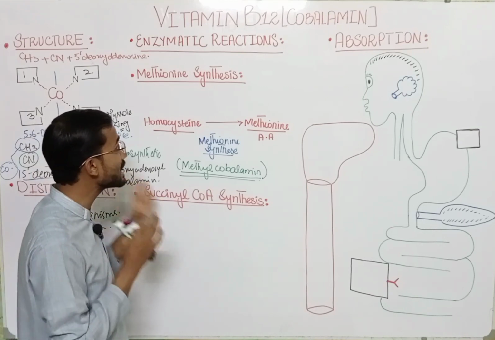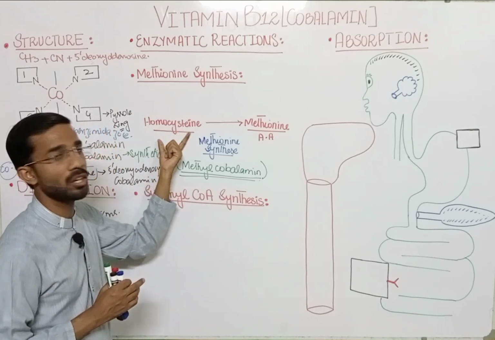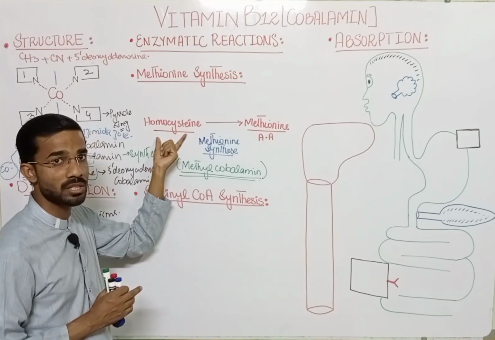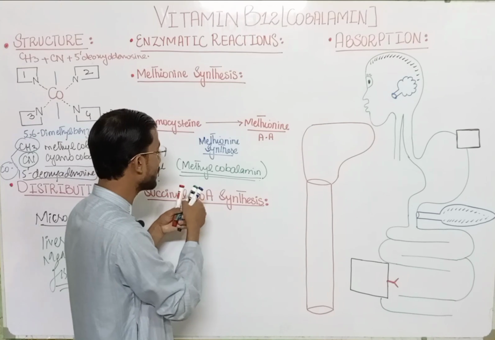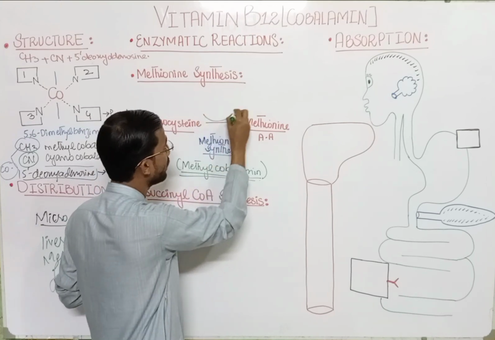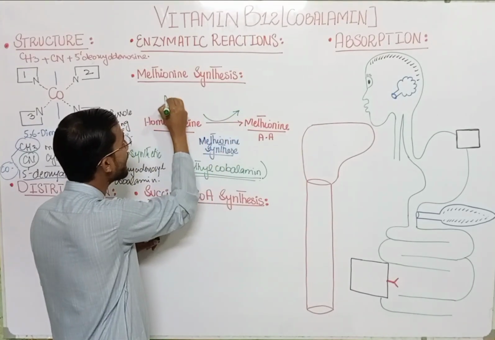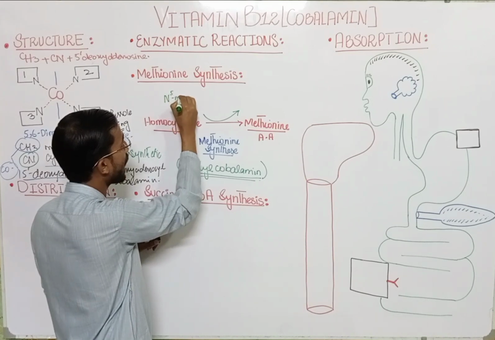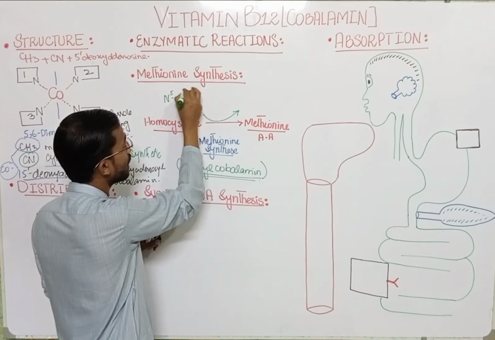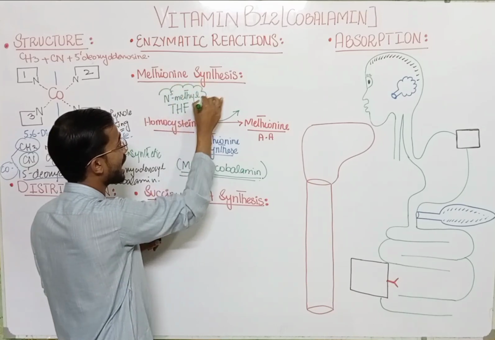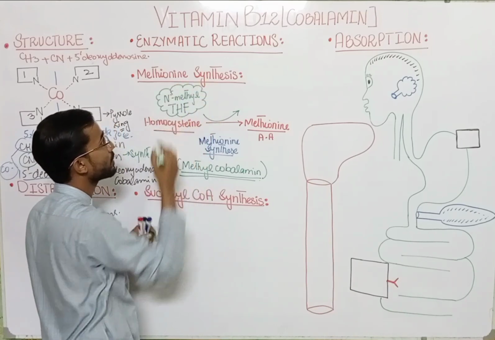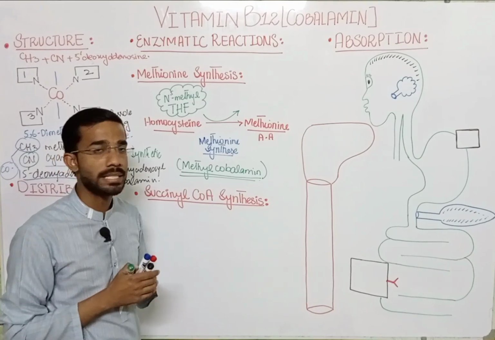In this system, a methyl group is added to homocysteine, which then converts into methionine, and this happens with the help of N5-methyl tetrahydrofolate. If you see my previous lecture, we discussed folic acid.